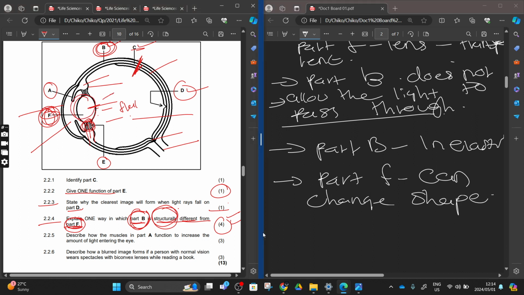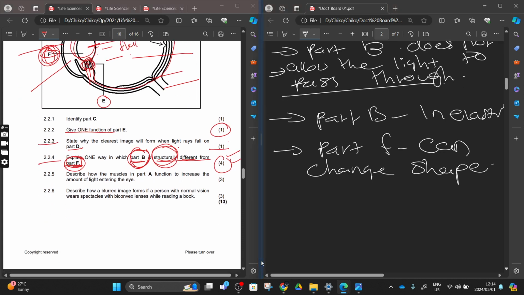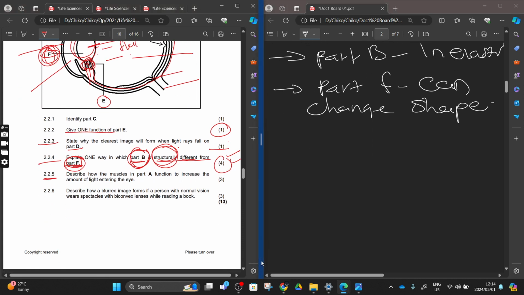Part F is the lens, it can stretch, it is elastic, but part B is inelastic. It cannot change, it is rigid, and it also makes our eye maintain its ball shape. Part F, our lens, can change shape. Are we together? Yes. Let's move on to 2.2.5.